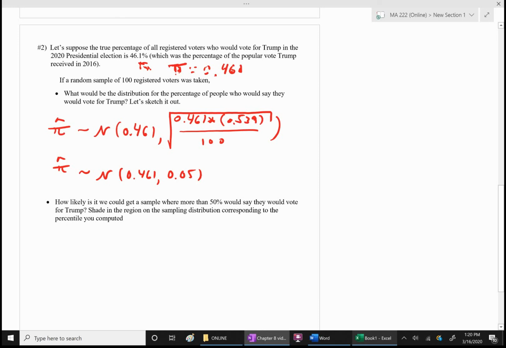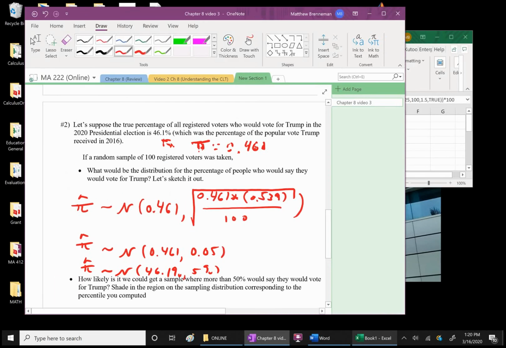Or if we wanted to write this just in terms of percentages, pi hat would have a normal distribution. It would be centered at 46.1%, and the standard deviation would be 5%. And so this is just another normal distribution, right? There's nothing magical about it. We know how to deal with this.